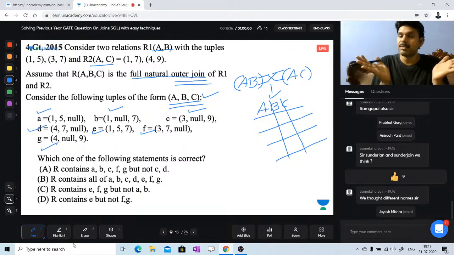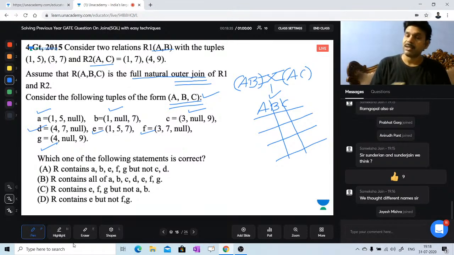So both sides will open. First write the common data, then write the remaining data at the left hand side, then write the remaining data at the right hand side, because full outer join is mentioned.